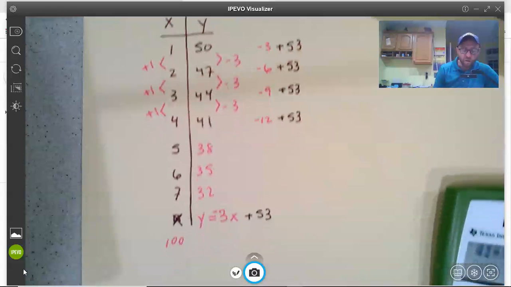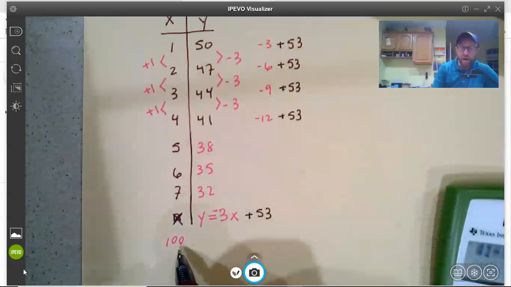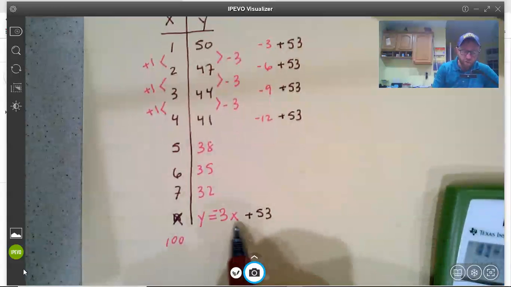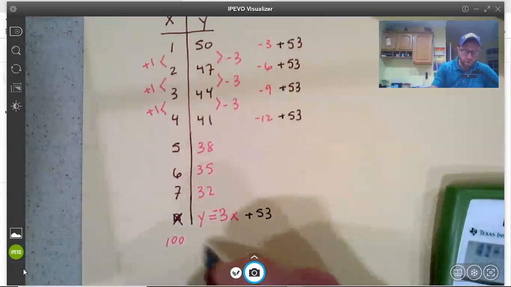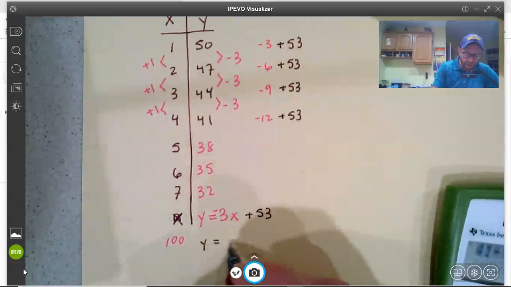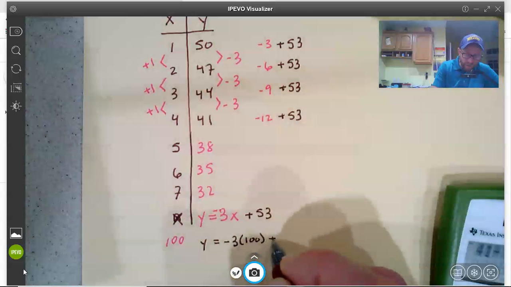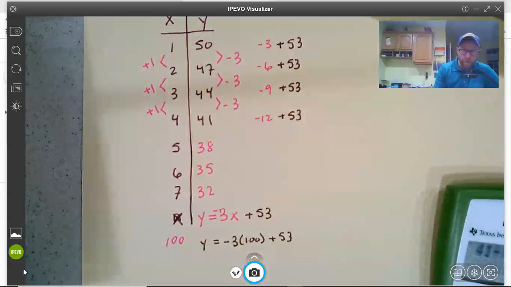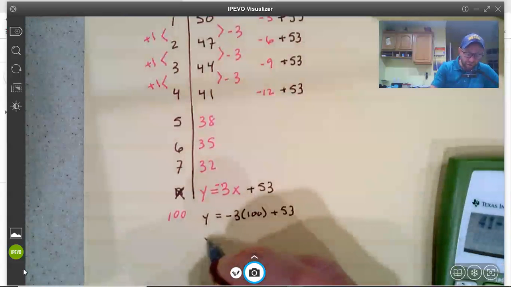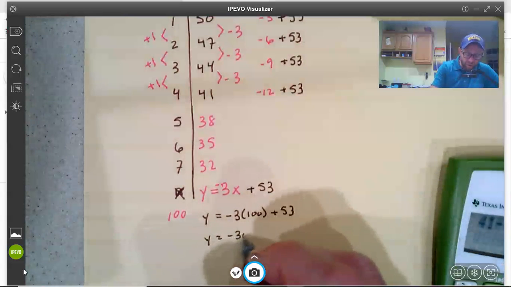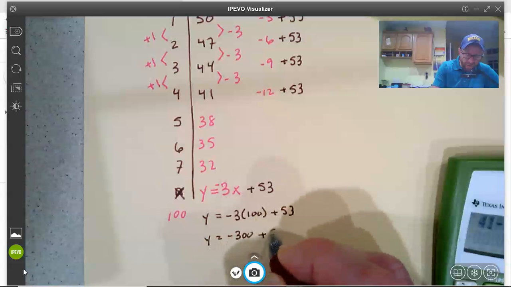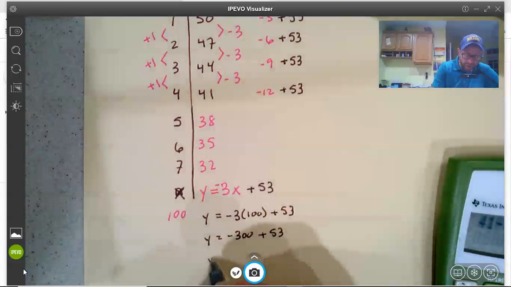And then I can use that to find out what the 100th number in the sequence is just by plugging 100 into our formula. So y equals -3 times 100 plus 53. So y equals -300 plus 53.